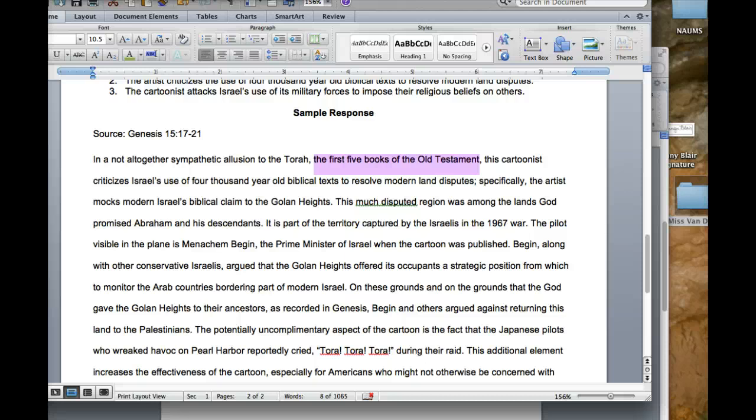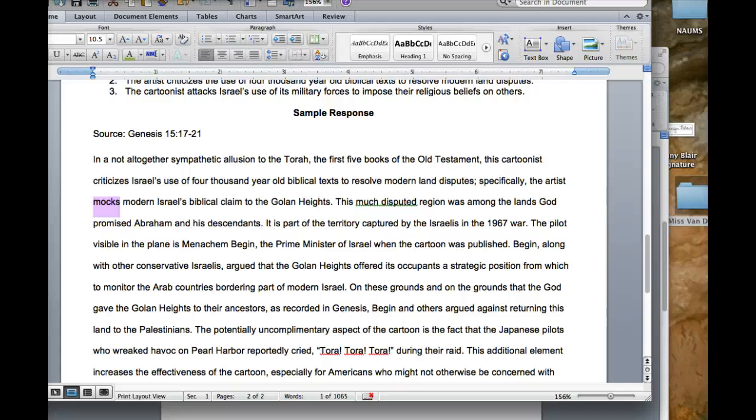This cartoonist criticizes, here's our strong verb, criticizes Israel's use of 4,000-year-old biblical text to resolve modern land disputes. Specifically, the artist mocks, they're getting into more specifics and using these great verbs, modern Israel's biblical claim to the Golan Heights. So that's our topic sentence. I know that you know that the cartoonist is criticizing and mocking, etc.